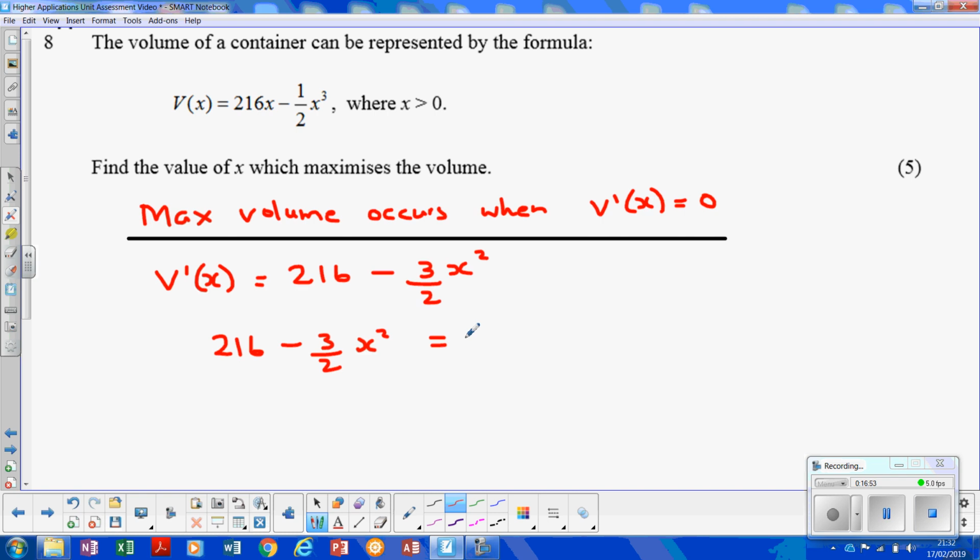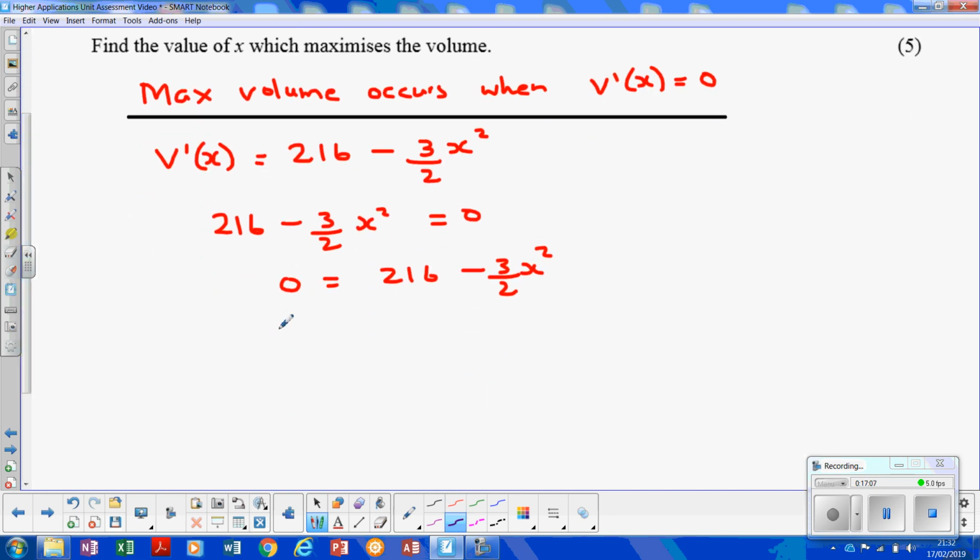Now I'm going to read this the other way round, so 0 is equal to 216 minus 3 over 2 x squared. I want the x squared on the left hand side. I'm going to add 3 over 2 x squared onto both sides. So 3 over 2 x squared is equal to 216.